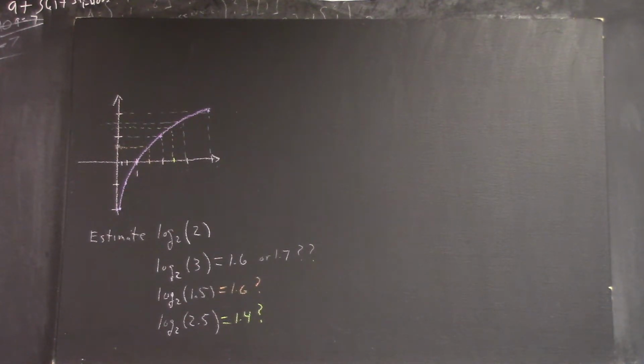Because this says it's 0.58, I said 0.6, so I lucked out on that one. My estimate for 2 was surprisingly correct. I got 1. For 2.5, it rounds off to 1.3, and I said maybe 1.4, right? And for 3, it's 1.58, which rounds off to 1.6, right? So those estimates are kind of okay.